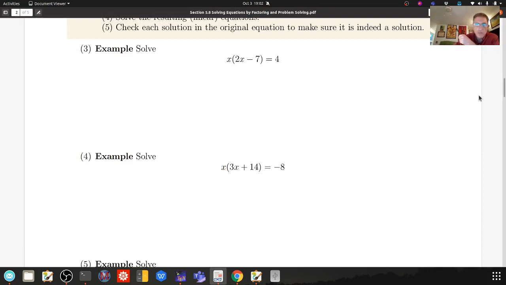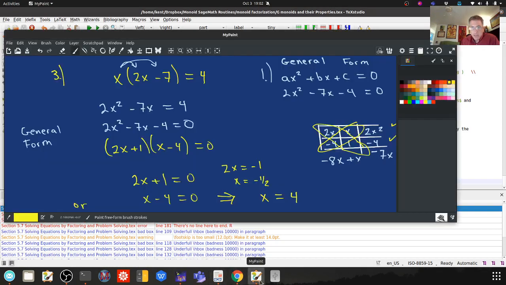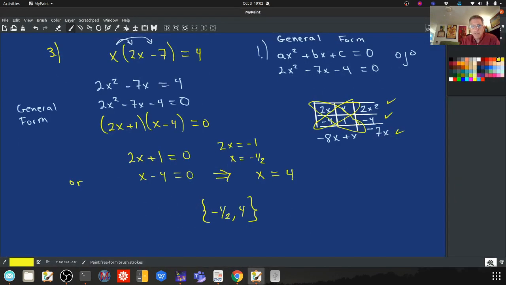So let's do, maybe you should try number 4 on your own. Actually, before we do that, let's go into the original equation and substitute in 4. This is my original equation, and I'm just going to substitute in one of these.